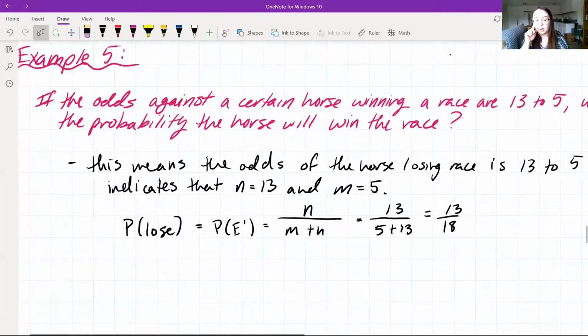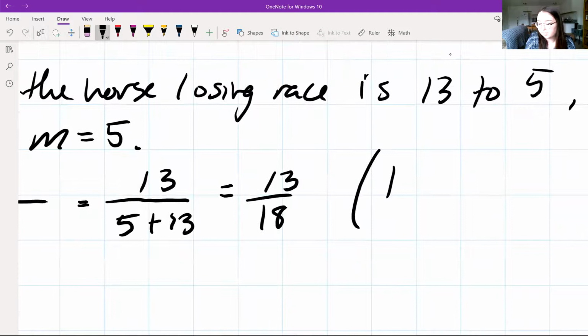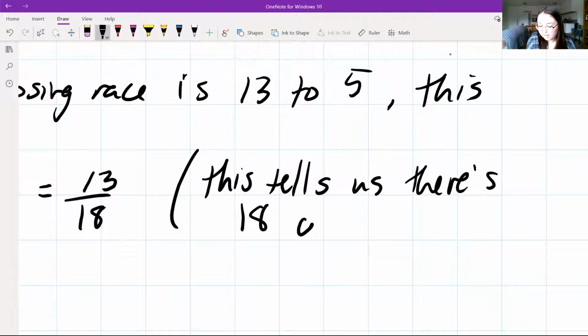So we get that the probability of the horse losing is 13 over 18. So this tells us there are 18 outcomes.